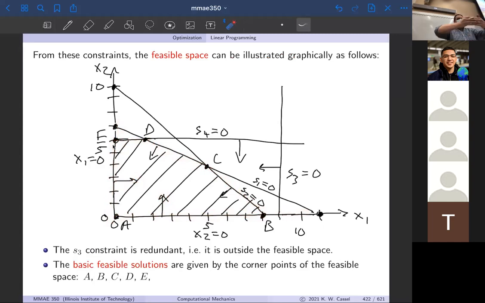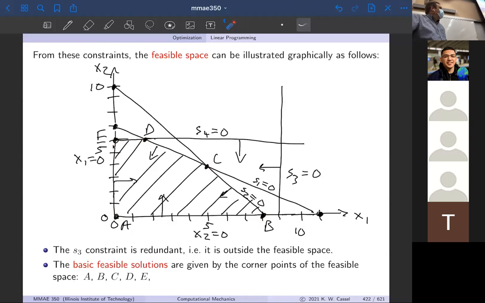So if it's a well-posed problem, I want the constraints to form a closed polygon in the x1, x2 space, so that however it's tilted, the minimum is always going to be one of those vertices, either A, B, C, D, or E. Awesome. Any more questions about that?